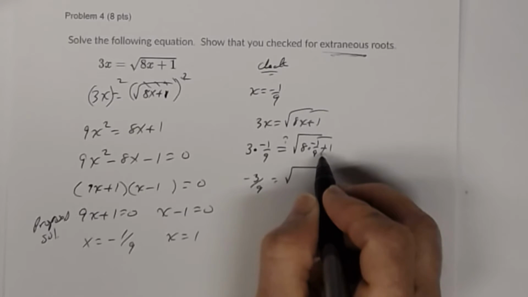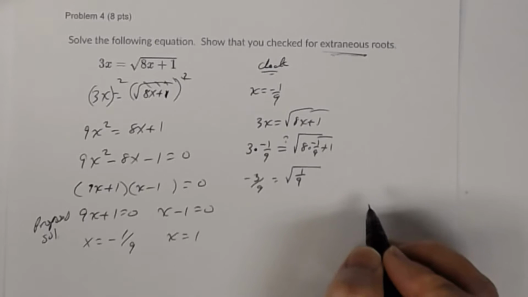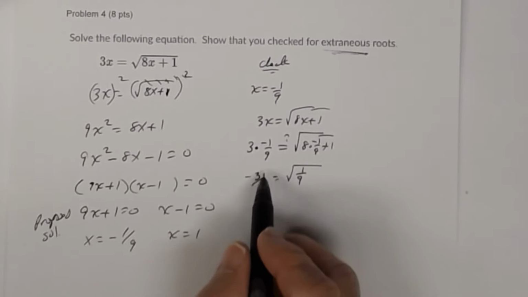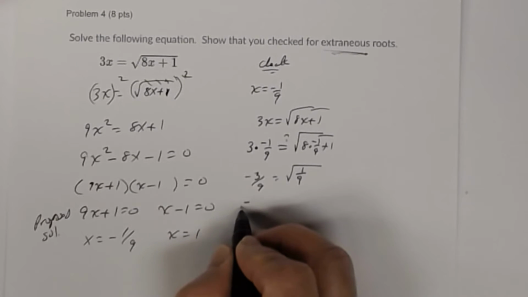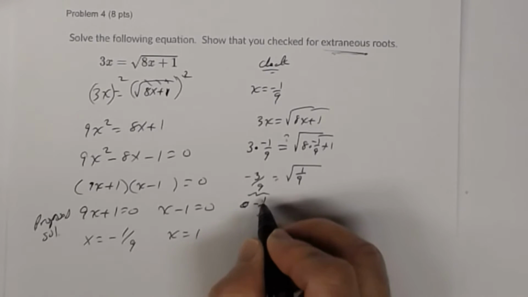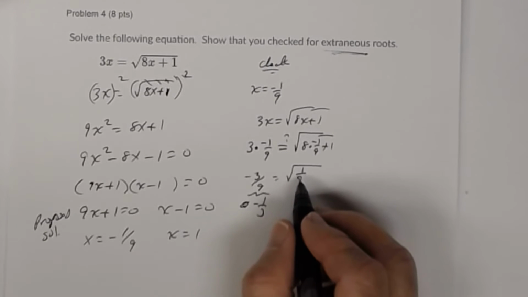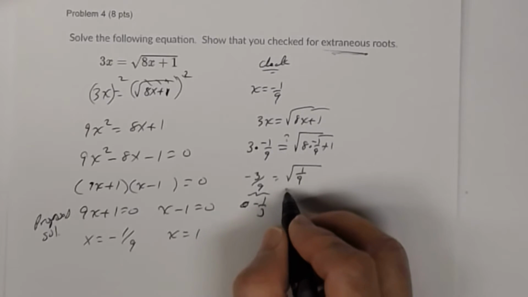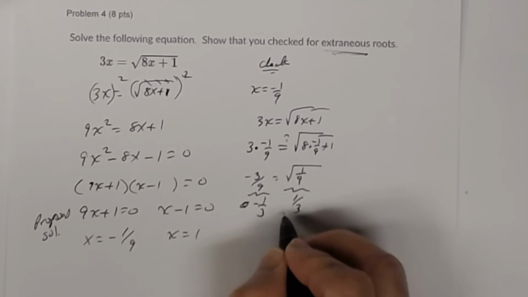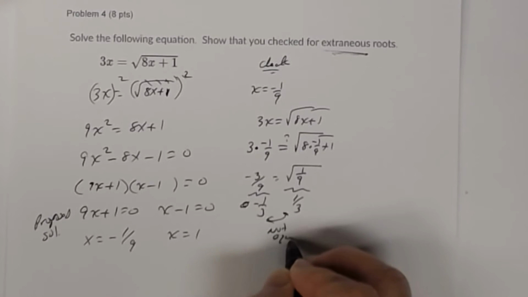And negative 3/9 I can reduce, so that's going to be negative 1/3. But be careful. The square root of 1/9 is only 1/3, and notice those two are not equal.